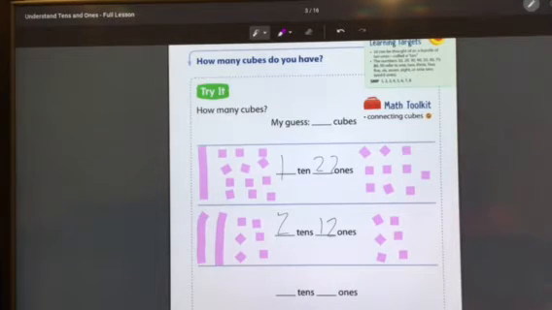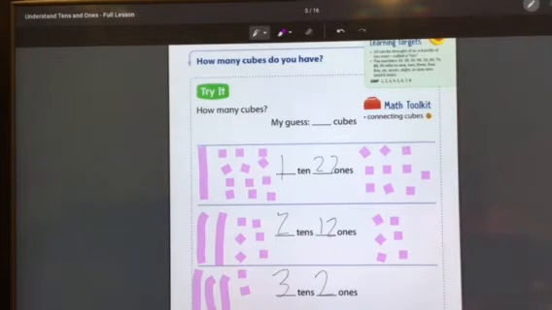Now the fastest way to have counted those cubes would have been 3 tens and 2 ones. So 3 tens and 2 ones.